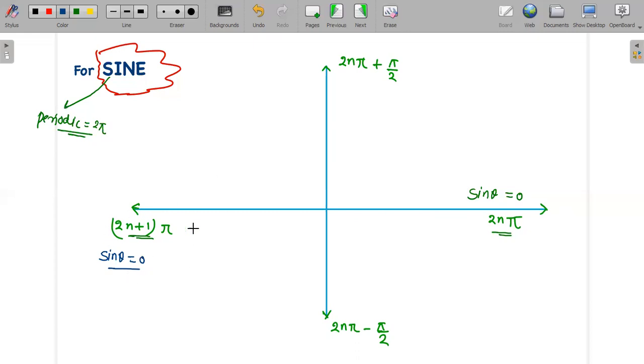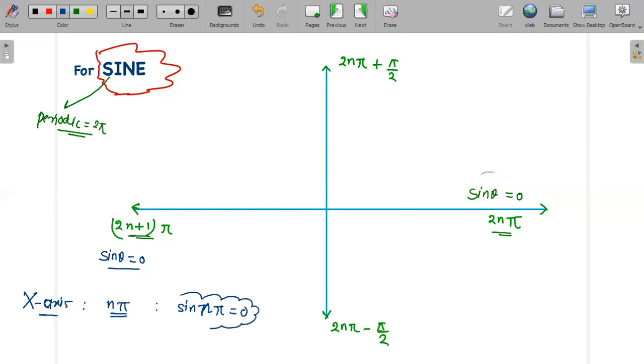Now, if I assimilate the result on the x-axis, your x-axis consists of even as well as odd multiples of pi, which can be referred to as n pi. So the result corresponding to n pi will give you a 0 in sine.